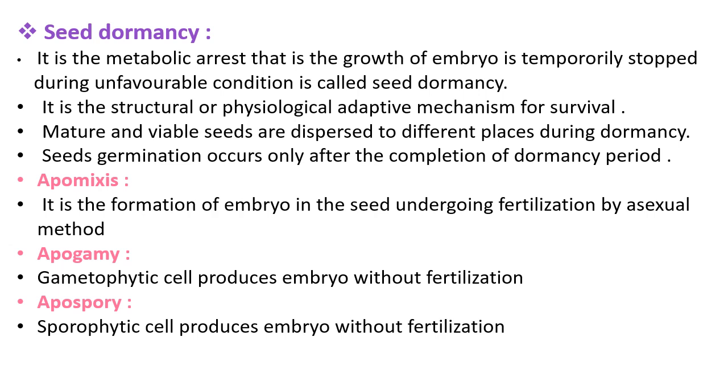The seeds are dispersed to different places. It means that the seeds are transferred to different places with the help of wind, birds, or animals. The germination of seeds occur only after the completion of dormancy period.